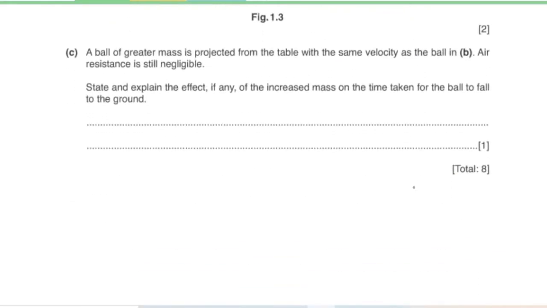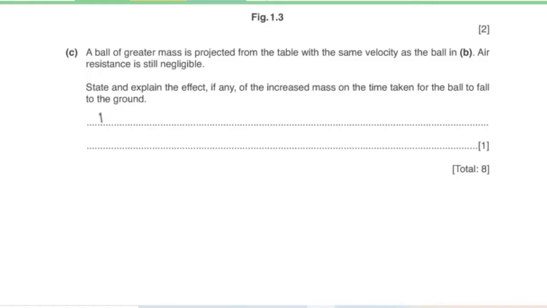Part C, a ball of greater mass is projected from the table with the same velocity as the ball in Part B. Air resistance is still negligible. State and explain the effect, if any, of the increased mass on the time taken for the ball to fall to the ground. Okay, so while air resistance is negligible, there will be no effect on the time taken for the ball, even if its mass has been changed, because of the constant acceleration which acts on the ball, and that is 9.81 meters per second squared due to gravity.